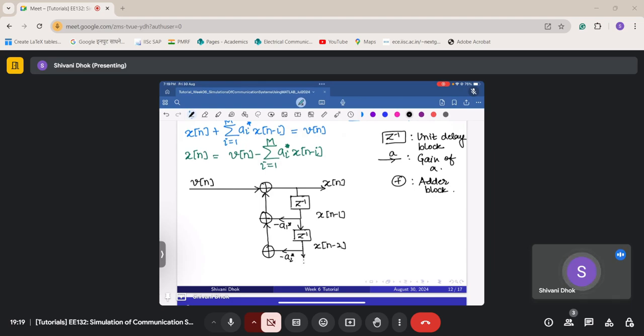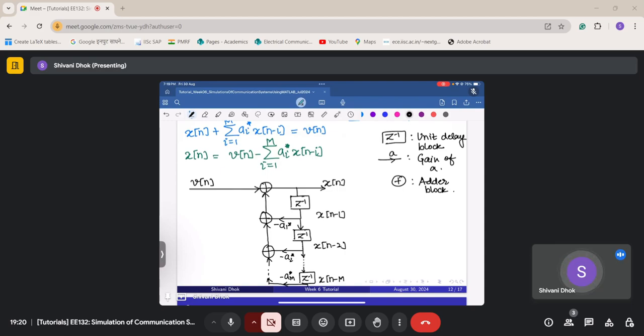And in this way we will have a total of M such things. So here we will get x of n minus M. X of n minus M gets multiplied by minus a_M conjugate.